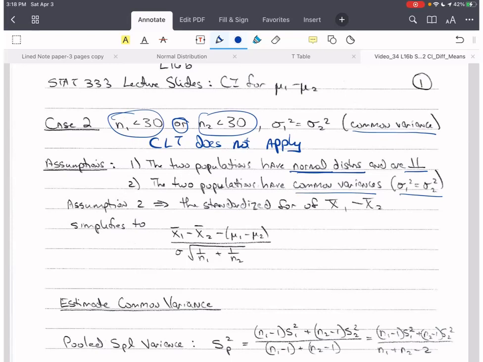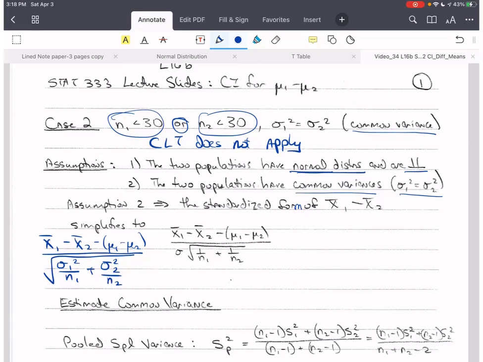So our standardized form of x bar 1 minus x bar 2 simplifies to this. Remember, it was x bar 1 minus x bar 2 minus mu 1 minus mu 2 in parentheses divided by the square root of sigma 1 squared over n1 plus sigma 2 squared over n2.